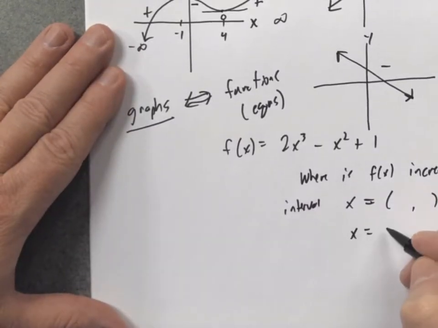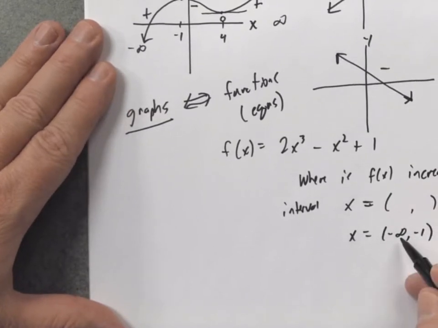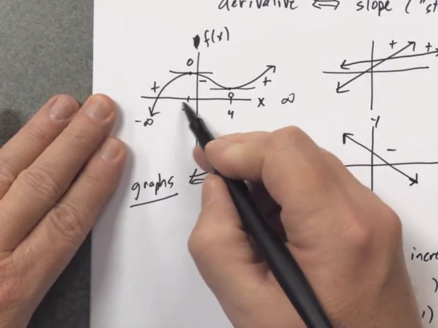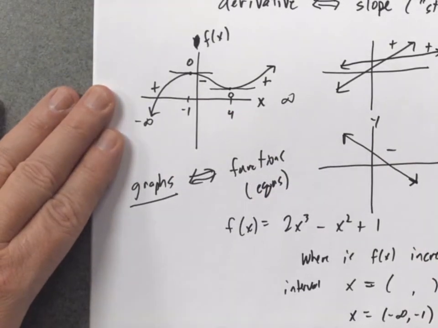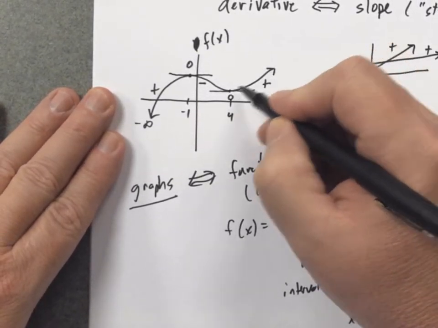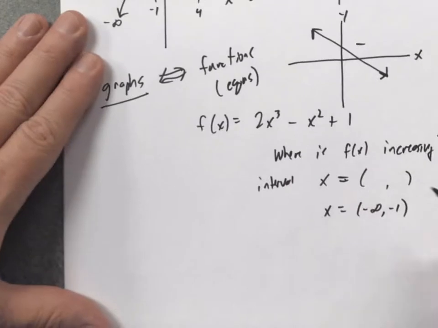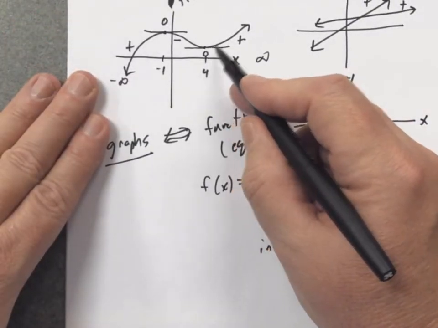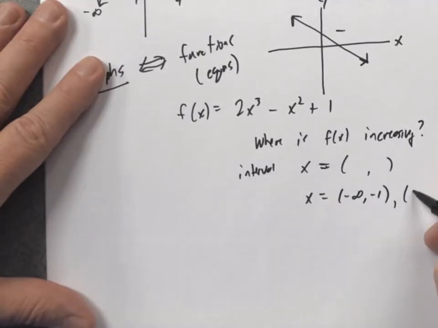So I would say -infinity to -1. So these are the values of x. So when x goes from -infinity to -1, that graph is increasing. But I also have this part of the graph is increasing. So then I would say there's a second interval, starts at 4, and it goes to positive infinity.